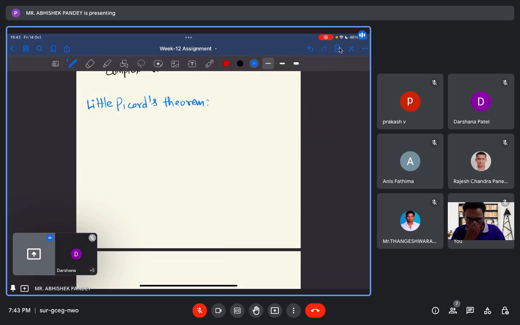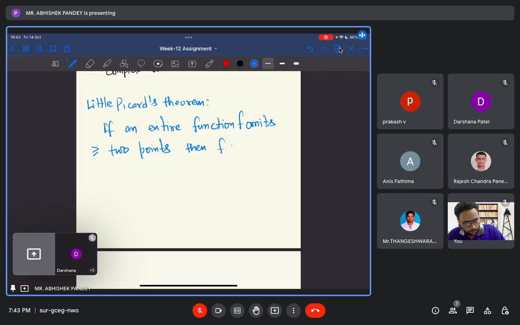It says that if an entire function omits two or more points, then f is constant.